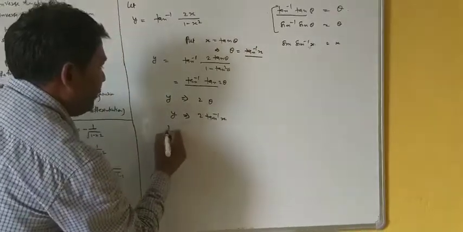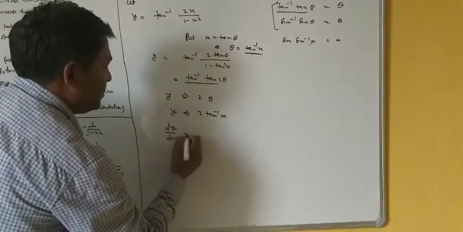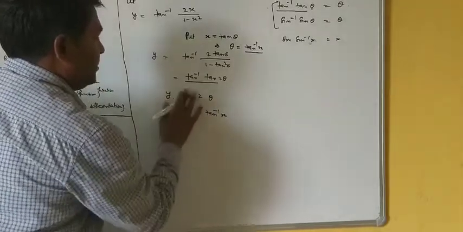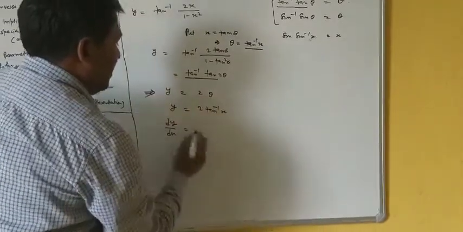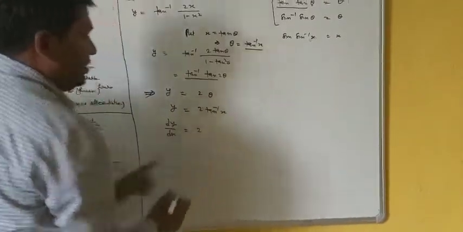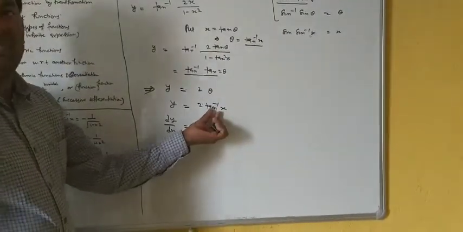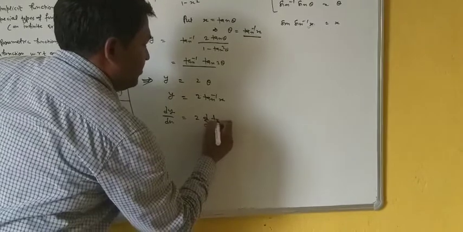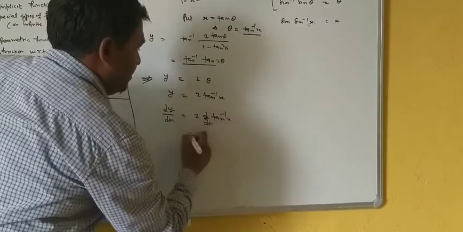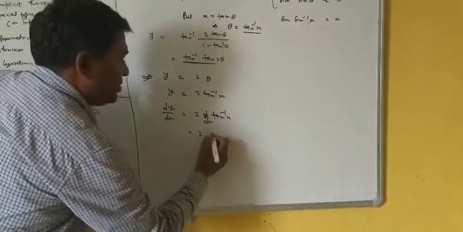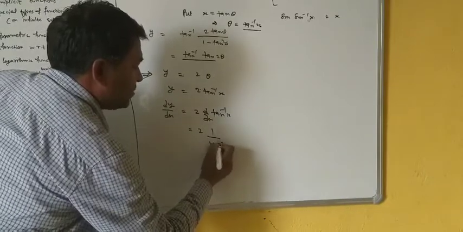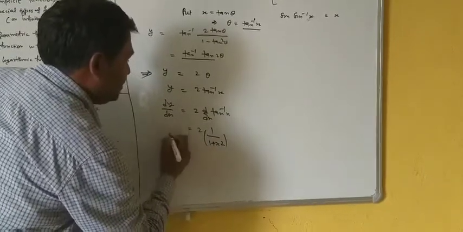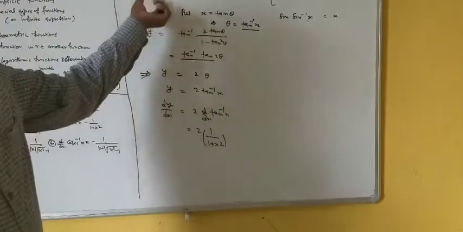Now we can differentiate: dy by dx is equal to d by dx of 2 tan inverse x. What is the differentiation of tan inverse x? This will give you 2 into 1 upon 1 plus x square. So this is your answer, the differentiation of this function.